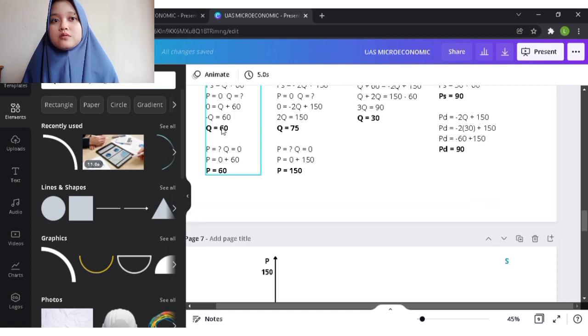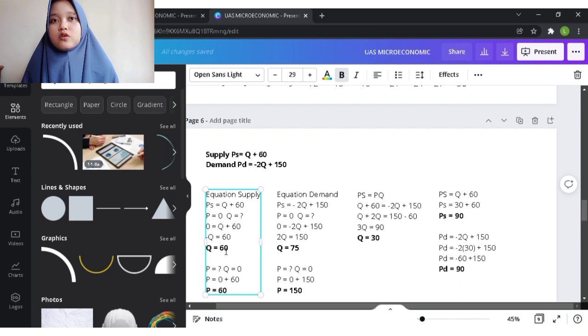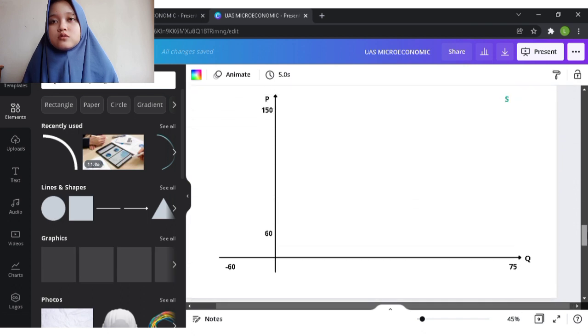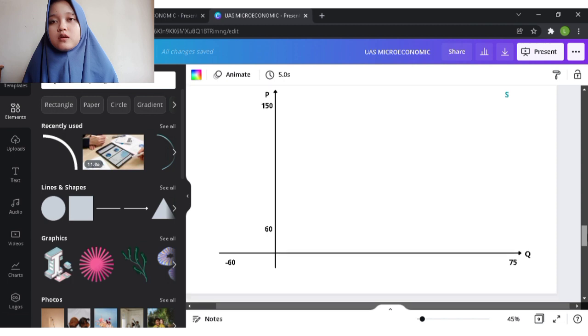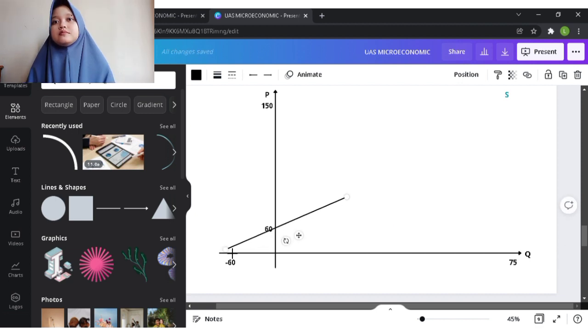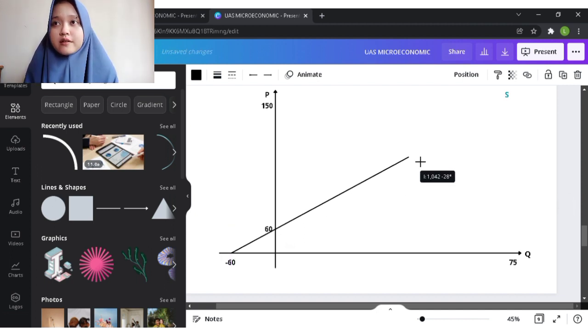So we draw the line from minus 60 through the 60 on the P axis, drawn up to the left.